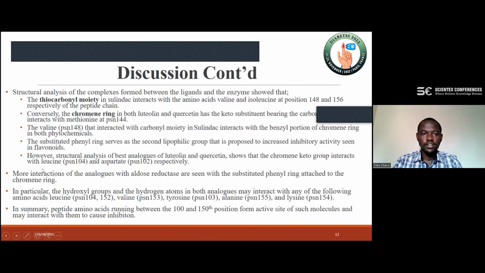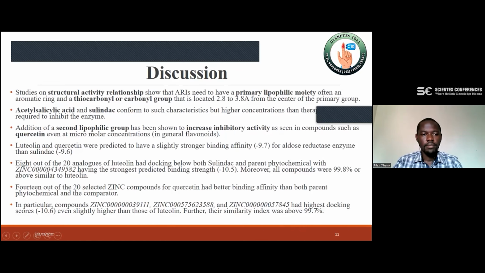So that was the compound with the highest binding strength compared to luteolin, while for quercetin we had 3, but only one was a favorable candidate due to the LD50 index. That is zinc compound 57845.